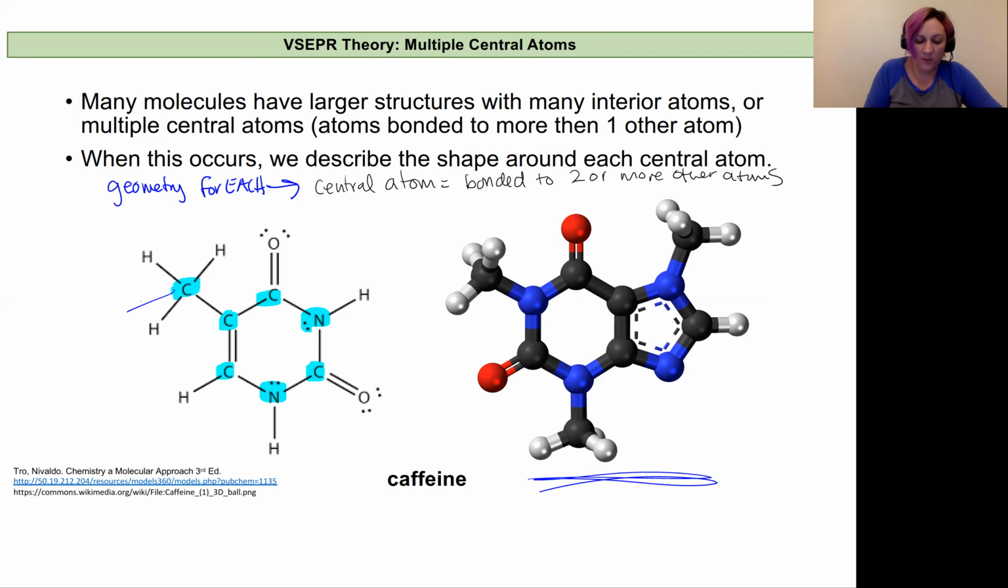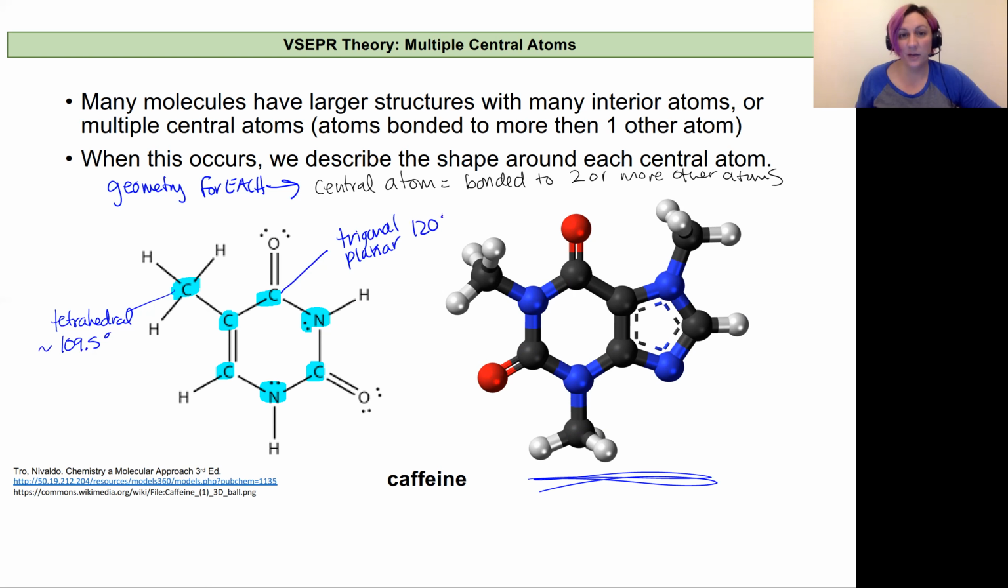And so this carbon with 4 things, this would be tetrahedral. And I would expect it to have about a 109.5 bond angle. This carbon right here is attached to only 3 things, so I'm going to expect it to be trigonal planar with a bond angle of 120 degrees because it doesn't have a lone pair.